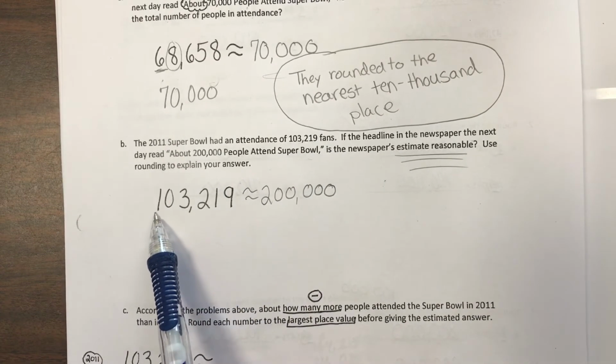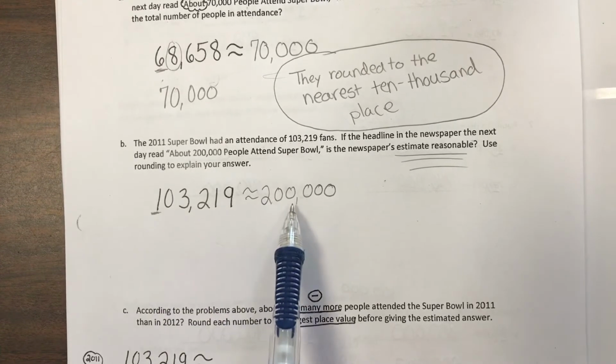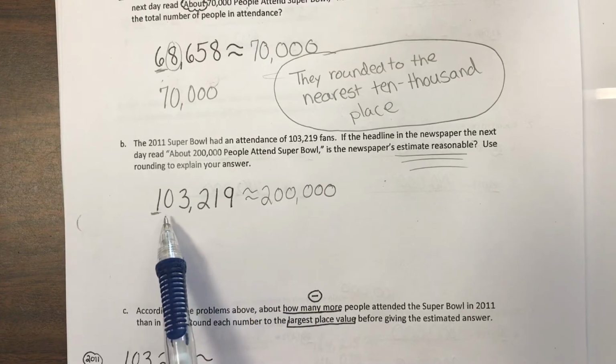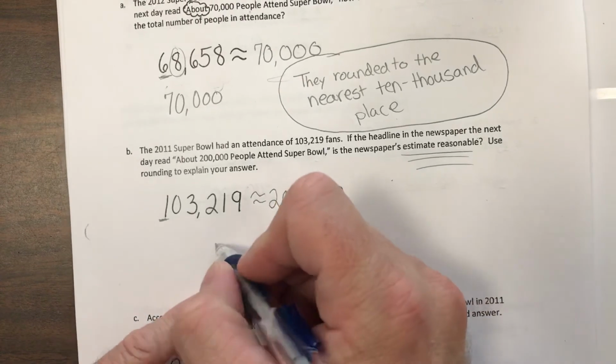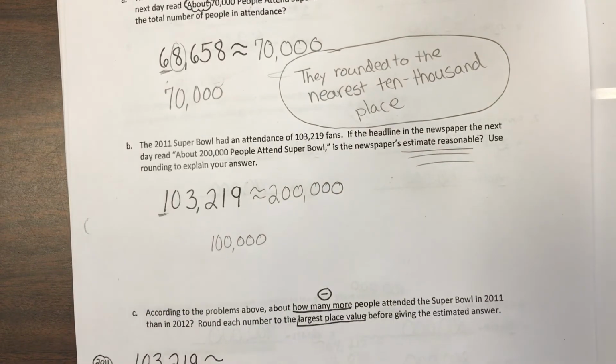Boys and girls, if we're even rounding this to the nearest 100,000, which it looks like they're doing, we would round this number to just simply 100,000. That's 100,000 people away from the true answer. No way is it reasonable.